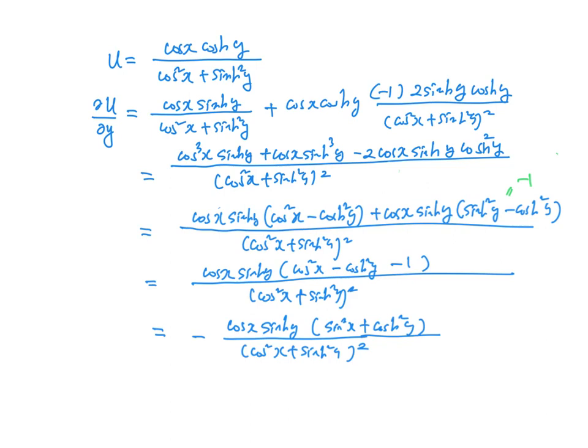And one to go. Maybe you should take a deep breath if I move on. Formula again before I move. Cosine x sine hyperbolic, sine square x cosine hyperbolic square y. So sine square cosine hyperbolic square y. Minus.